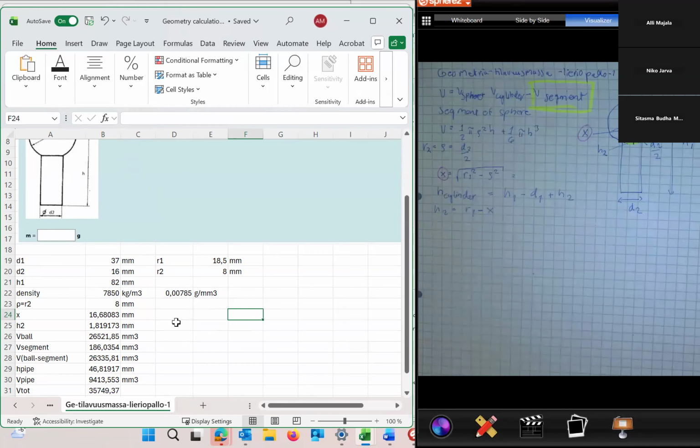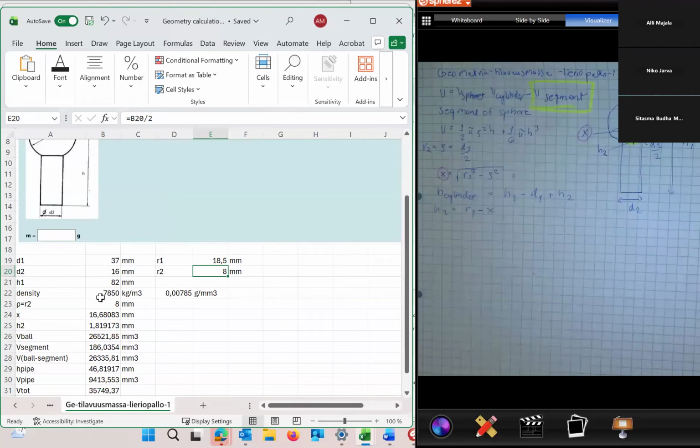So then I started calculating with Excel. For sure, you've been doing this maybe a lot. I get, for example, this. Of course, the radius is half of the diameter. It's easy to get it there.